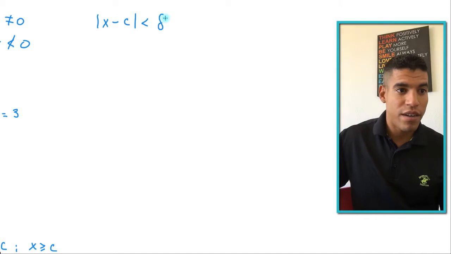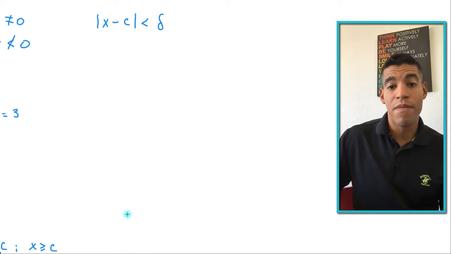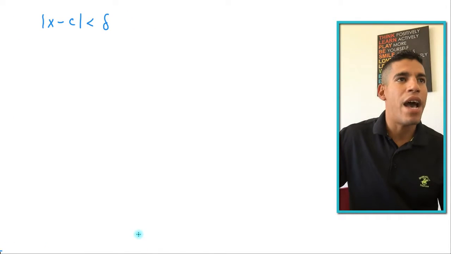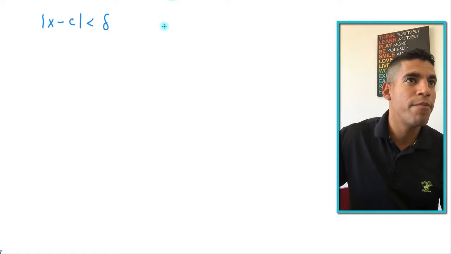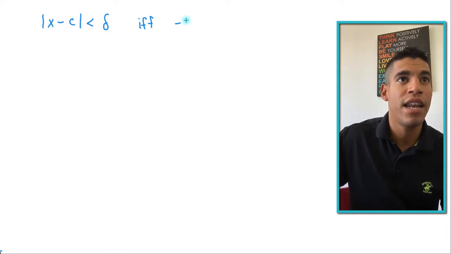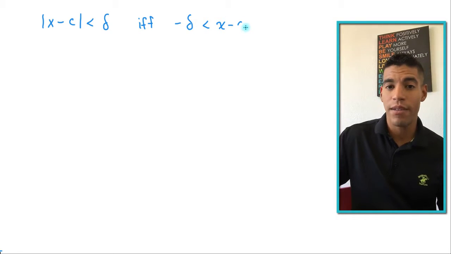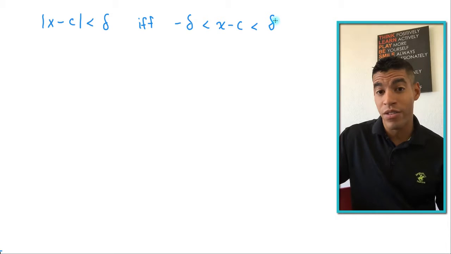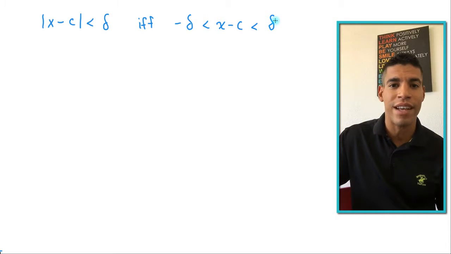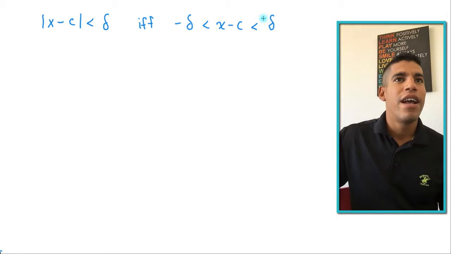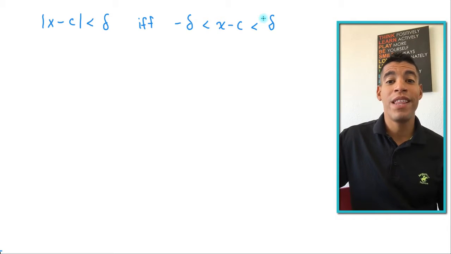By definition, by the same property that we defined earlier, this is if and only if what? Minus delta less than x minus c less than delta. Okay? Delta is a real number greater than 0, so we can apply this definition exactly the same way. Now, what can I do now?